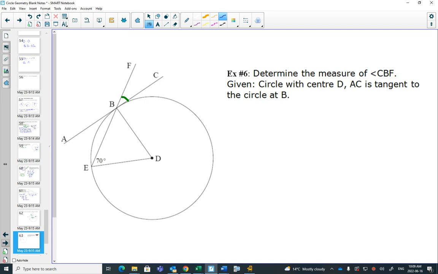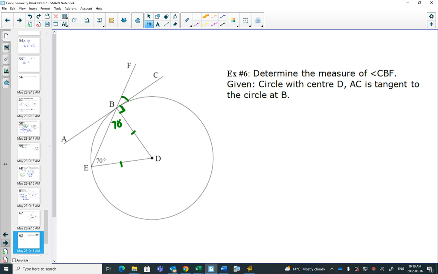One step at a time. We know that right here is a 90 degree. Actually, then you got 70 on the other side. This is an isosceles triangle, so that makes this 70. Perfect.